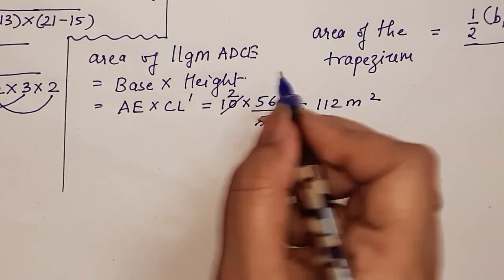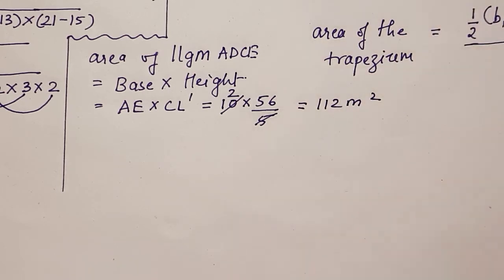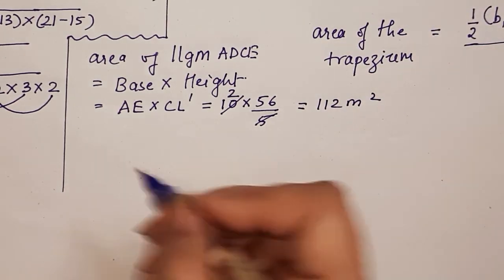So now we know the area of the parallelogram and we already knew the area of the triangle. We just need to add both.